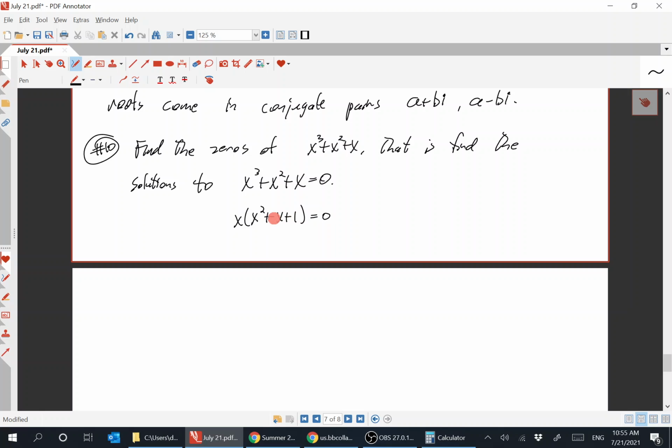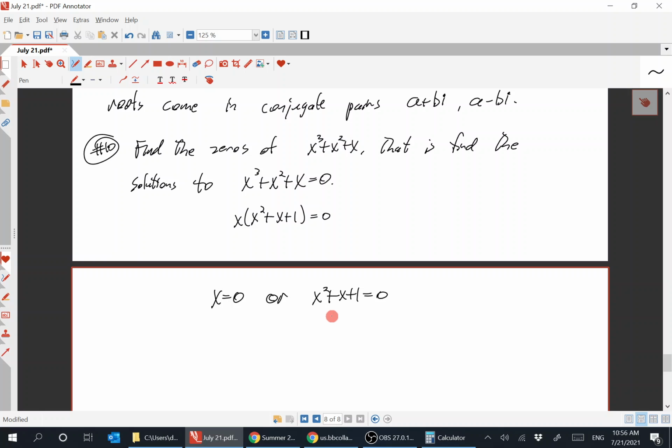So this one doesn't factor. This is linear and that one doesn't factor. Okay, so in this example, we have that x is equal to 0, or x squared plus x plus 1 equals 0. And then for the irreducible quadratic, we can solve it using the quadratic formula or completing the square.